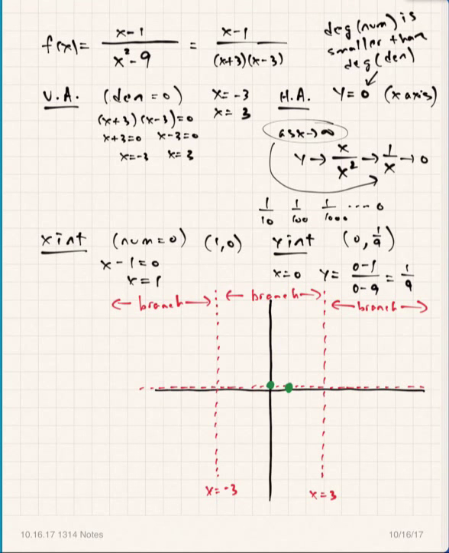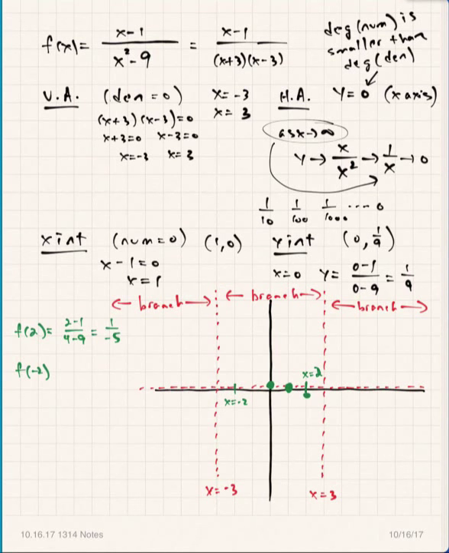Since those asymptotes are around that inside branch, let's focus on that inside branch and where it might be located, and maybe plot another couple of points. x equals 2 and x equals -2 might be good values to pick. So let's look at f of 2, I'm sorry, x equals 2, and f of -2. f of 2 is 2 minus 1 over 4 minus 9, or 1 over -5, so f of 2 is -1/5.